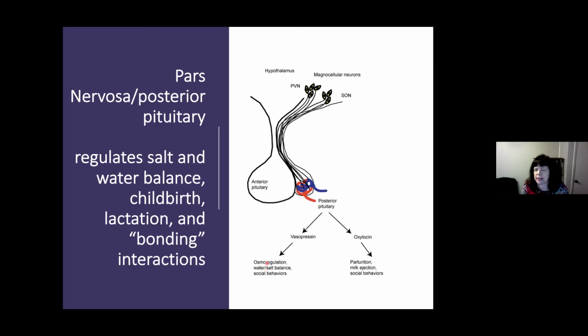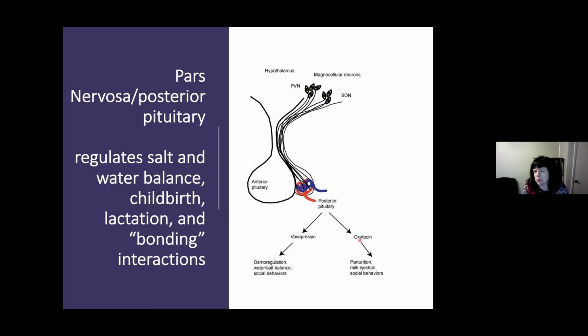I'll give you a good example of what might stimulate it would be if we were to have too much bleeding, hemorrhage, something like that. That would immediately trigger vasopressin release to shut down blood flow and to preserve water and fluids and keep us from basically dying as long as it can.